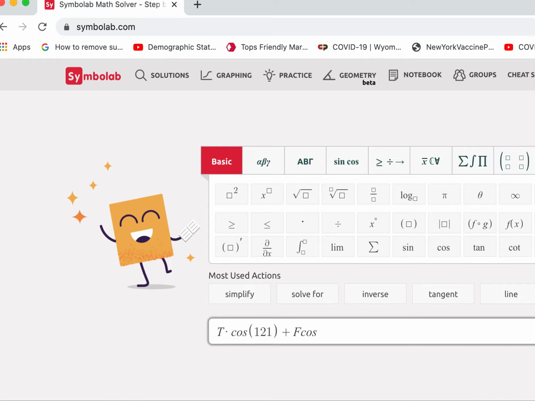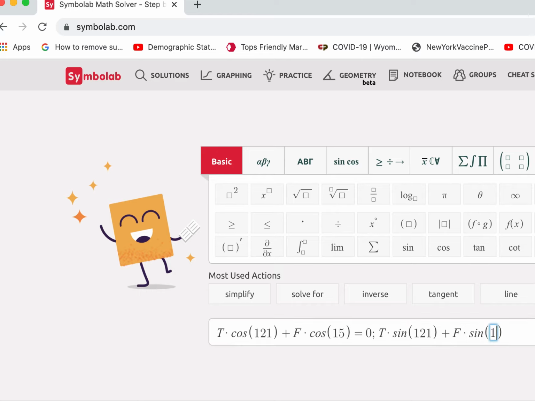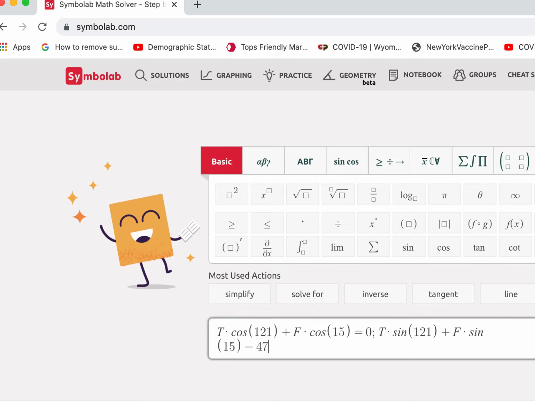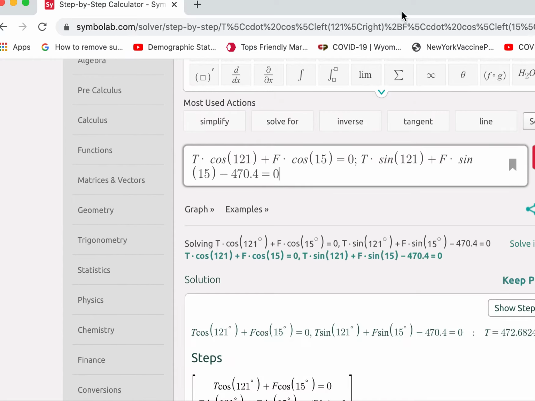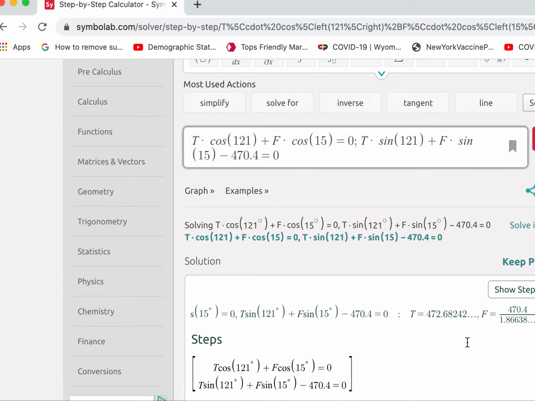F cos 15. So once you do the first equation, you put a semicolon, and then that separates the equations. I think that'll do it. Alright.